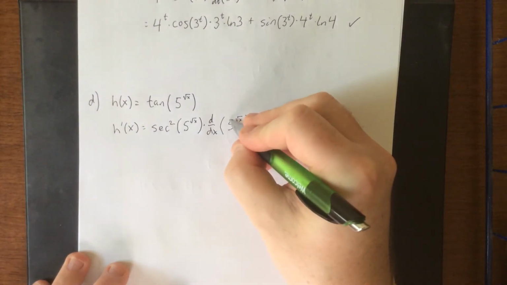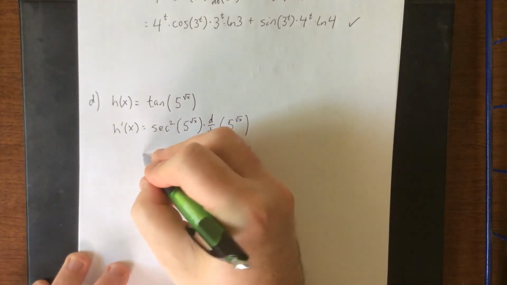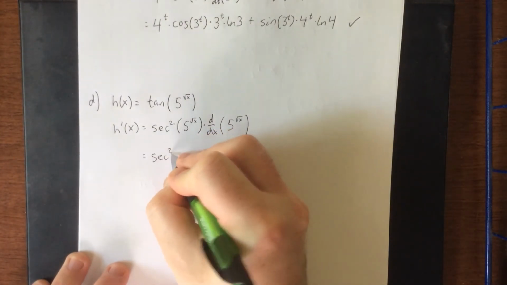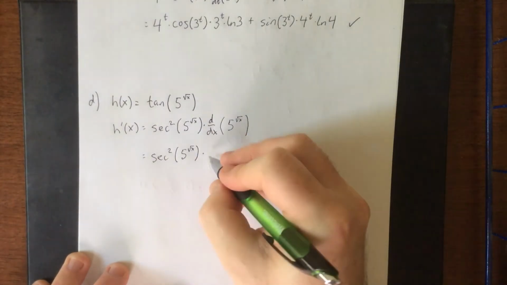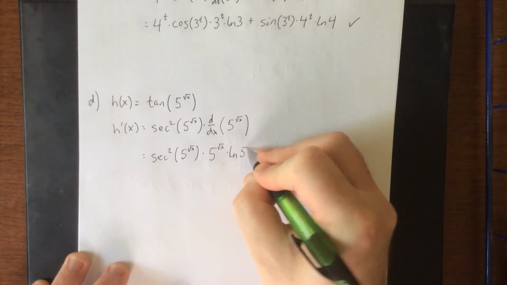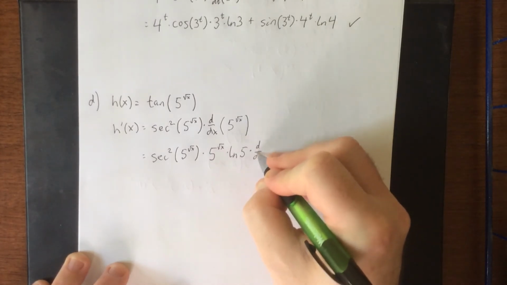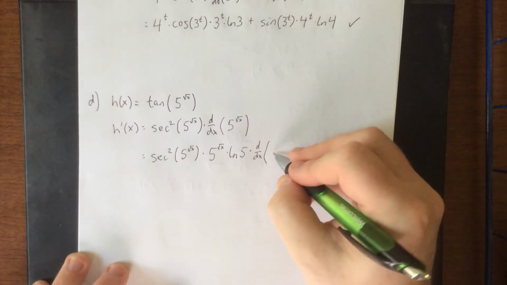Now at this layer, our outermost function is 5 raised to the power of, so we're differentiating an exponential. To differentiate this exponential, that'll be 5 raised to the same power times the natural log of 5. Then the chain rule says multiply by the derivative of whatever the input was. The input was the square root of x.